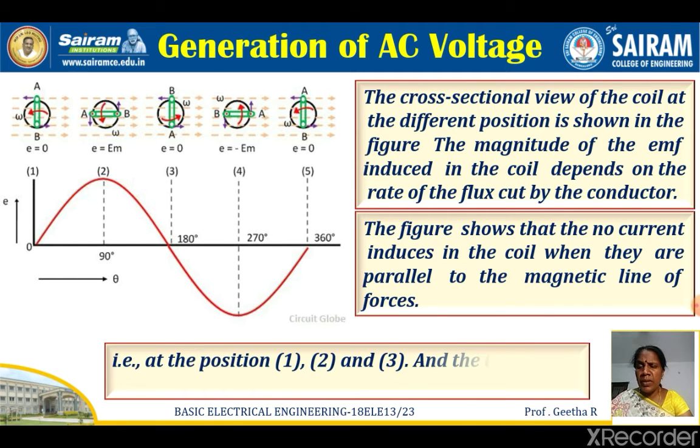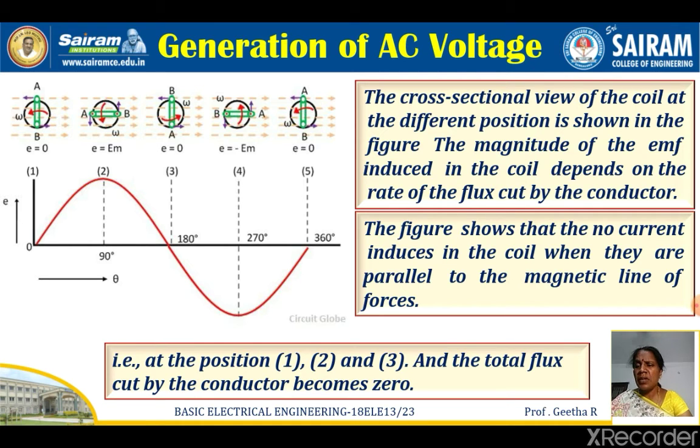When you look at position 2, that is at 90 degrees, the velocity component is perpendicular to the magnetic field. As the coil moves from position 1 to 2, in position 1 there is no cutting of the flux, so EMF induced is 0.